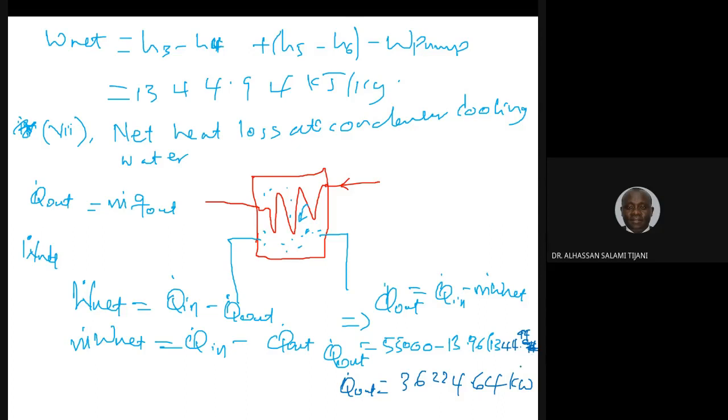Okay. So now we want to find the minimum mass flow rate of the cooling water. So you see here, we have cooling water, mass flow rate of cooling water in, mass flow rate of cooling water out. So we want to find the mass flow rate of this cooling water.